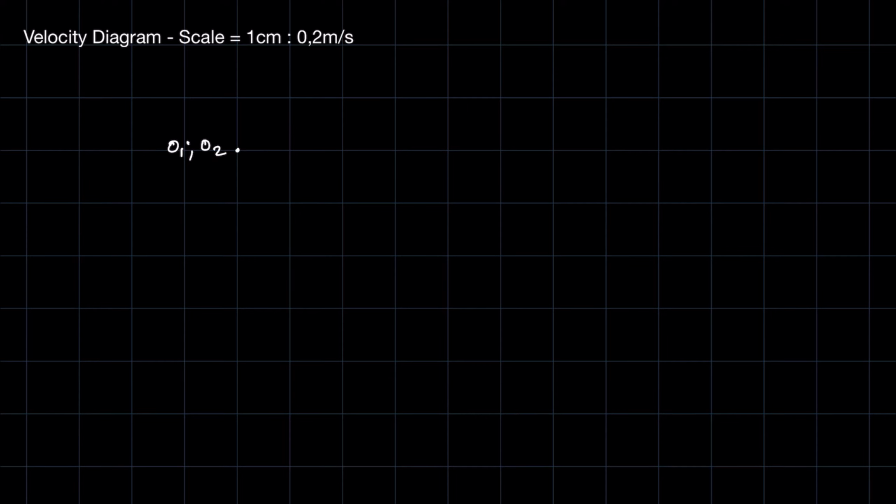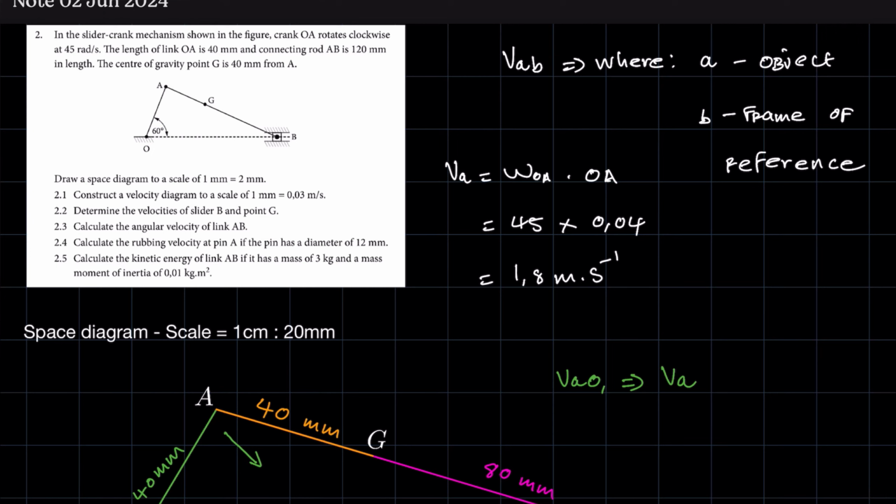So if the crank is the longest and you make the crank essentially 1 centimeter, it means your velocity diagram will be very small. So bearing that in mind, we then come up with a scale that will be reasonable.